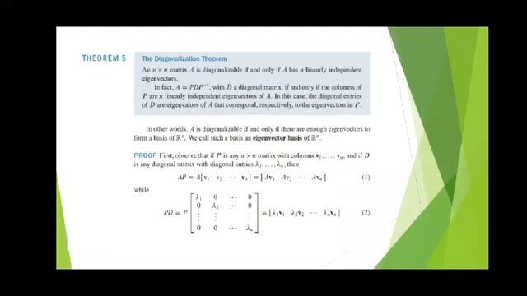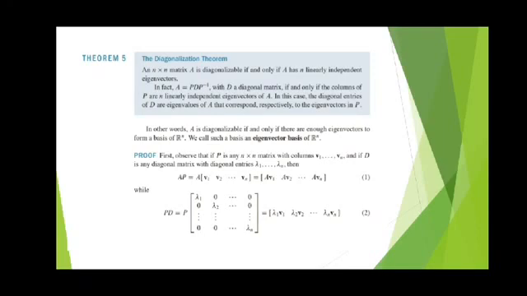Two cases arise. If A is diagonalizable, we have to prove that A has n linearly independent eigenvectors. That is the necessary condition. For the sufficient condition, we take A has n linearly independent eigenvectors, and we have to prove that A is diagonalizable.